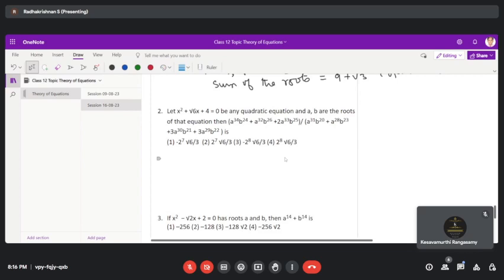See here again, through some algebraic simplification, we can solve this problem. We can take out b to the power 24 and a to the power 32.